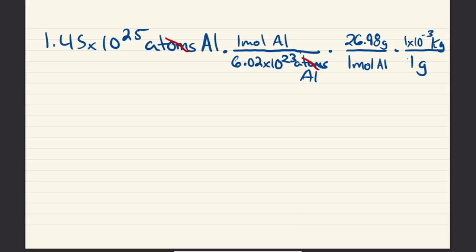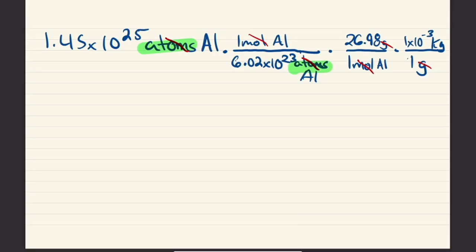So again, what did we do here? We took the number of atoms. We used Avogadro's number to cancel away from atoms, leaving us with moles. We then converted away from moles by using the average atomic mass. And then the last step is just a simple conversion via prefix to get us to kilograms. If we put all of this in our calculator, we have 1.45 e to 25 times 26.98 times 1 e to negative 3, all divided by Avogadro's number.